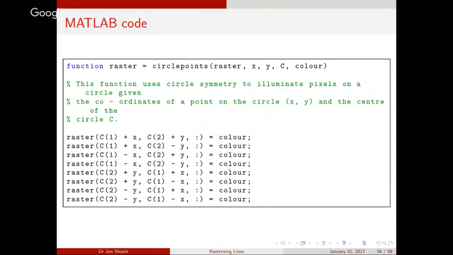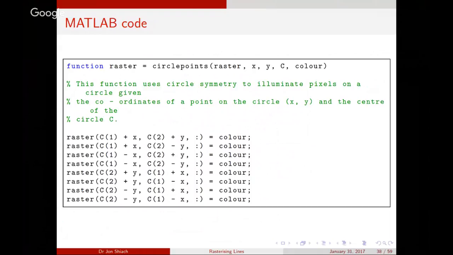And so this leads on to the idea of this sort of function. This is a little function in MATLAB. I've called it circle points. Essentially, you're given a raster array, and hopefully we know what that is by now. x and y are the coordinates of a point on a circle, C is the center of the circle, and color is just whatever color we want to color the circle in.